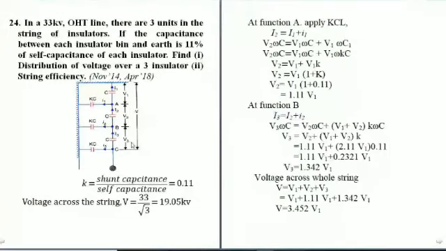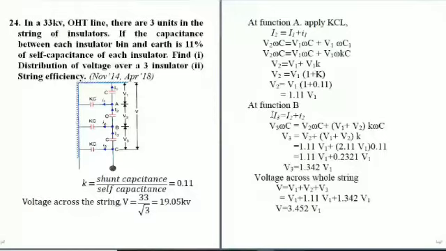Write the equation at junction B. So I3 is equal to I2 plus small I2.